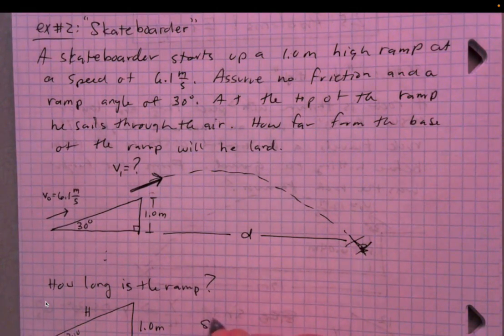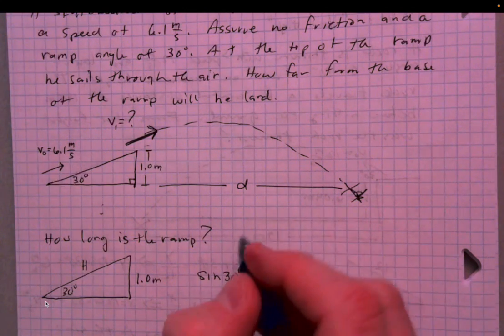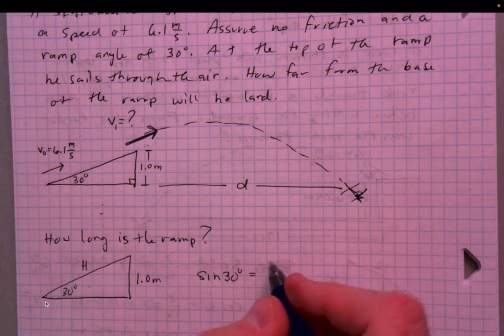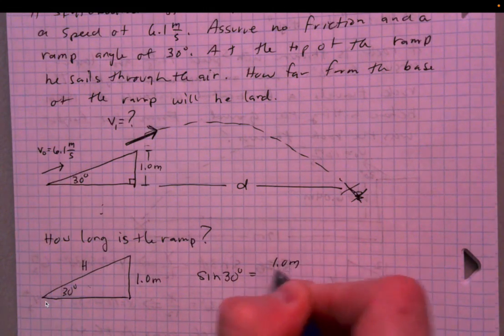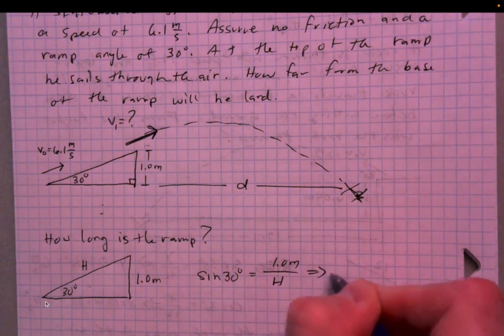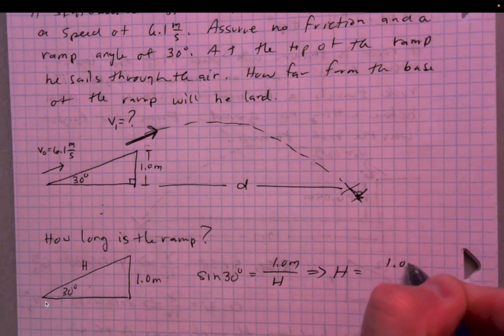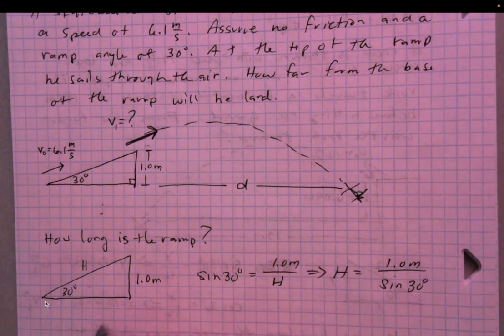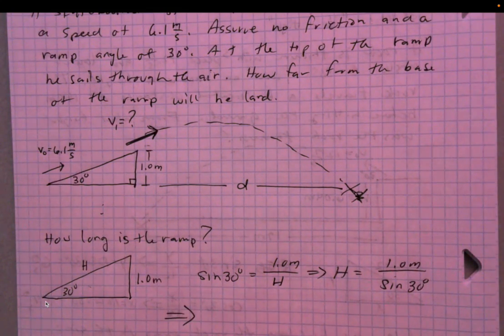We know that the sine of 30 degrees is equal to the opposite side over the hypotenuse, so it'll be equal to 1 meter over h. That means the hypotenuse would be 1 meter over the sine of 30 degrees. When you do that calculation, you'll find that the length of the ramp is 2 meters. So h is equal to 2 meters.